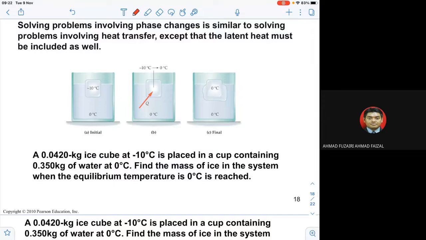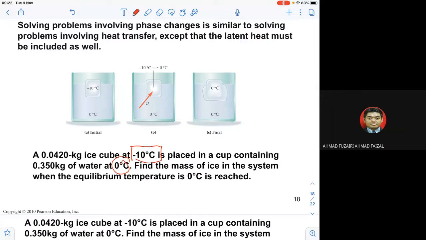Let's say in the situation of a 0.042 kilogram ice cube at negative 10 degrees Celsius is placed in a cup containing 0.35 kilogram of water at 0 degrees Celsius.